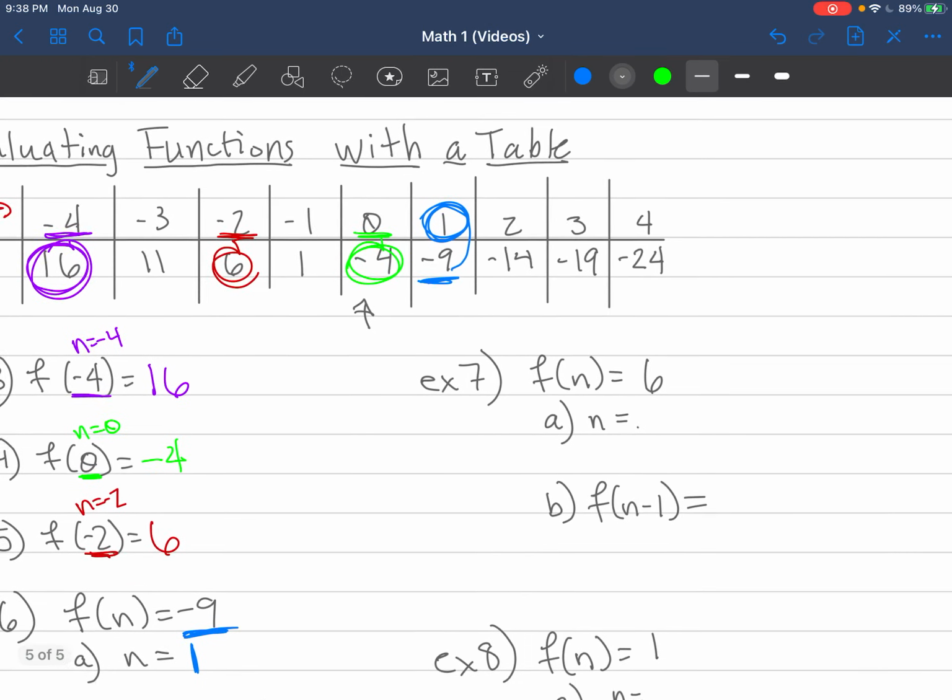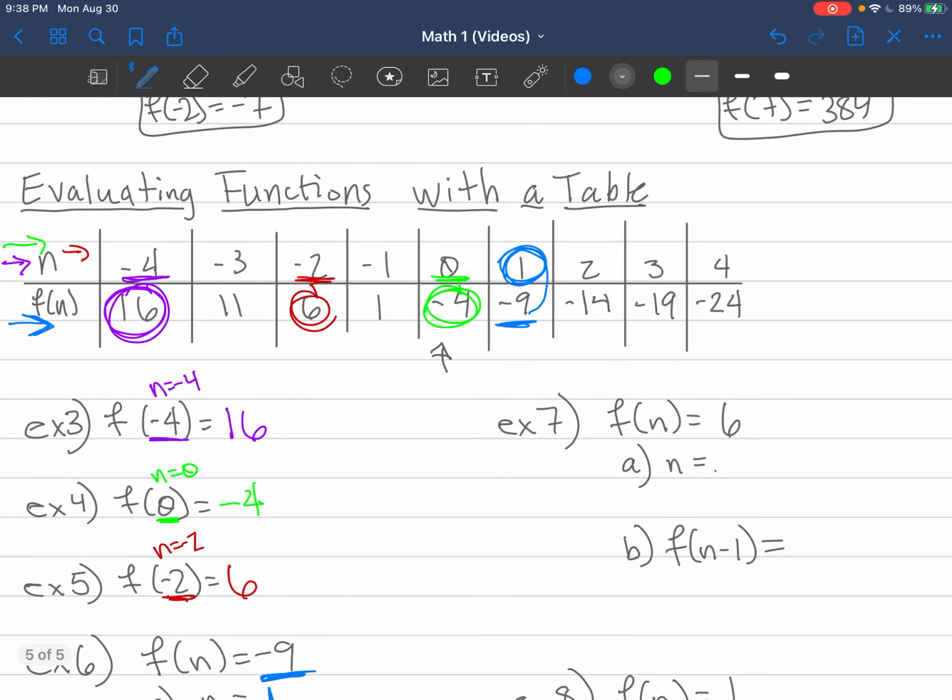Let's look at example 7. Now we are told f of n is equal to 6. Well, we need to figure out our n. We don't know that. So what we're going to do is look in our f of n, find 6. Here it is. And its n value is negative 2.